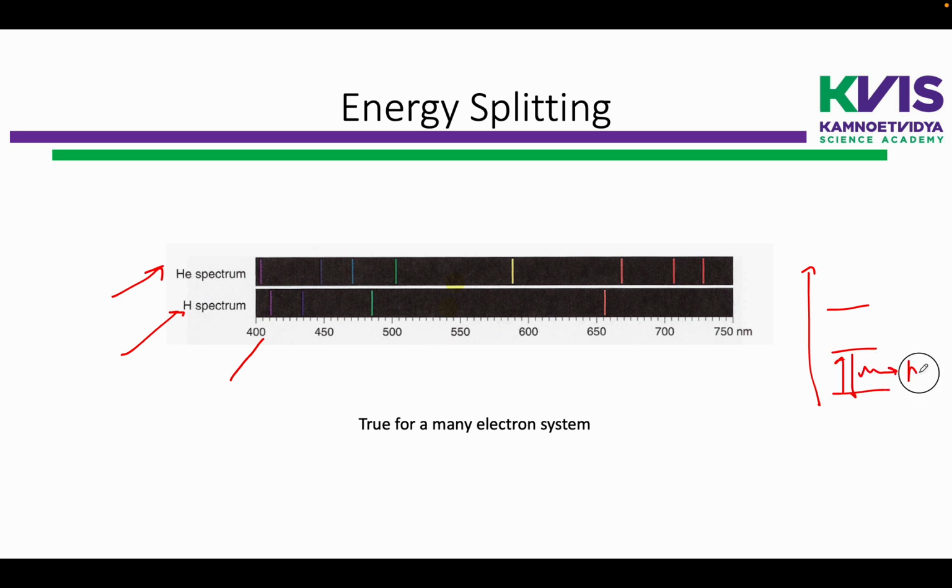Because helium is a 2-electron system, when you rigorously solve for the energy levels, you get more energy levels. And in some cases, you even see a splitting between the emission lines. This is due to a phenomenon which we call electron-electron repulsion.